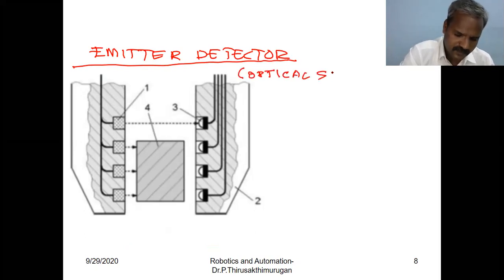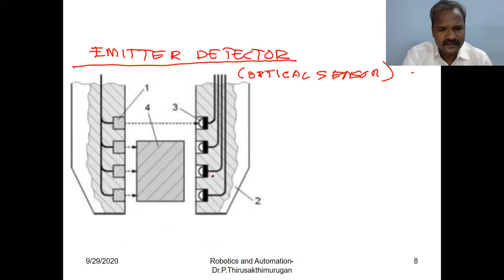One is the LED, two is the finger gripper jaw, three is the detector, which may be a photodiode. Five is the gripped object.